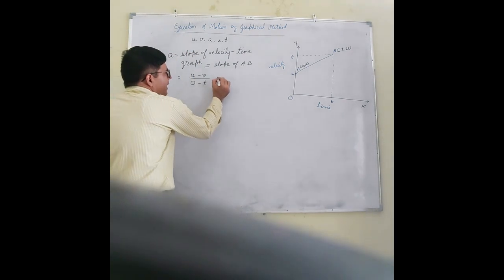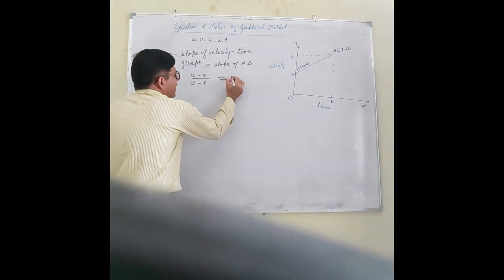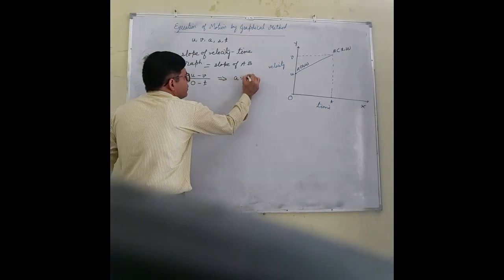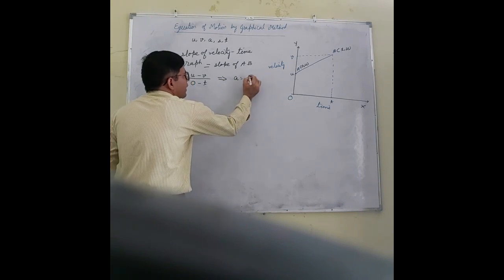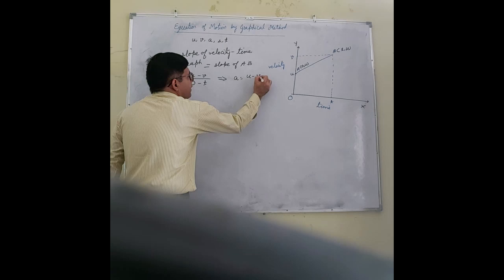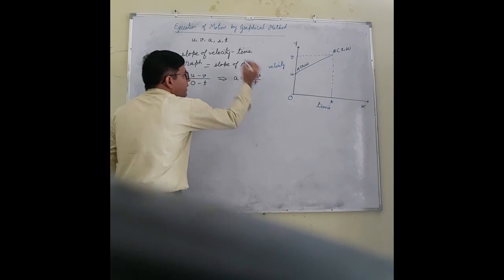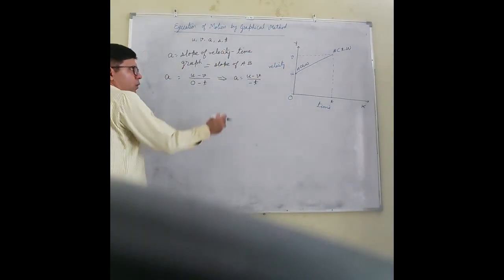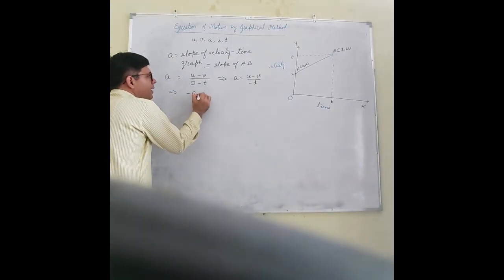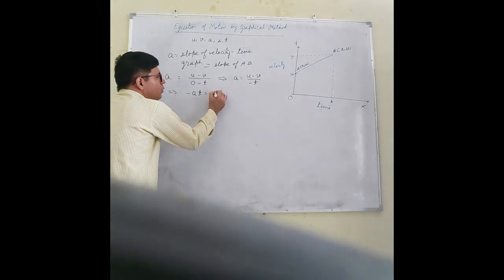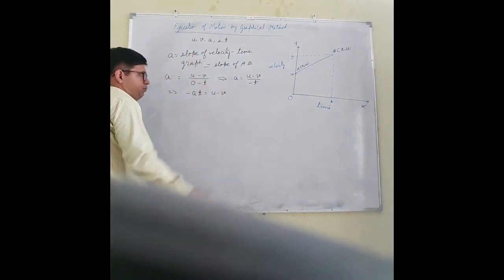So what can I write? I can say that a equals v minus u over t minus 0. Now cross multiply: at equals v minus u.